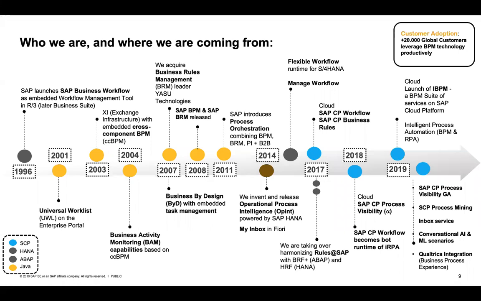And in the time frame from 2004 until 2011, we launched SAP Business Process Management, later on also as part of SAP Process Orchestration, to enable you to orchestrate processes across different systems. Could be SAP systems, but also, of course, non-SAP systems.